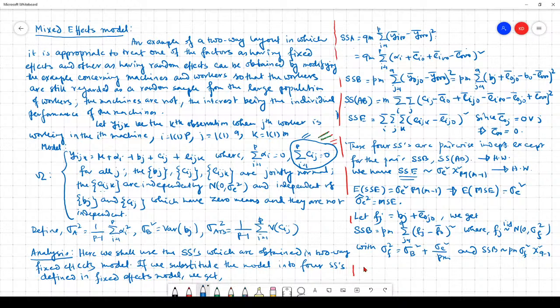Therefore, expectation of SSB, which is equal to Pm sigma F square Q minus 1. So Pm Q minus 1 sigma F square means sigma B square, sorry, this is small b, not capital B. Okay, no, it is a capital B because of these notations. So sigma B square plus sigma E square Pm.